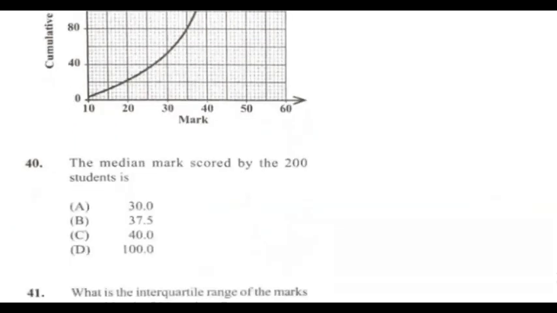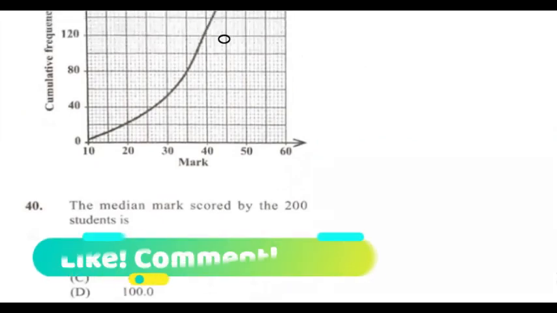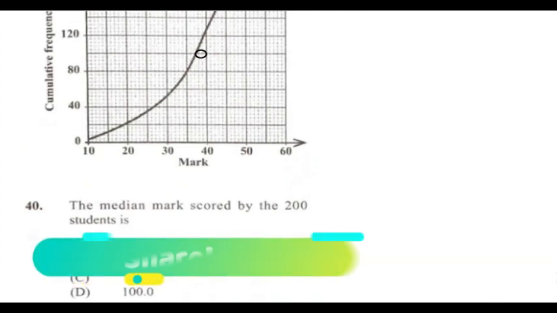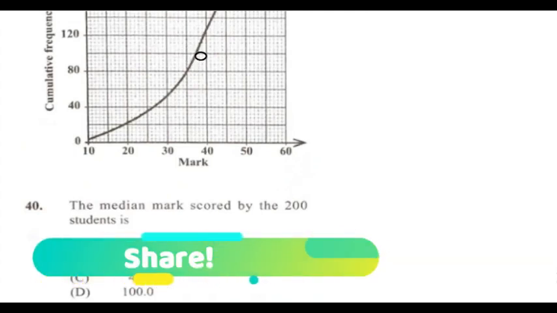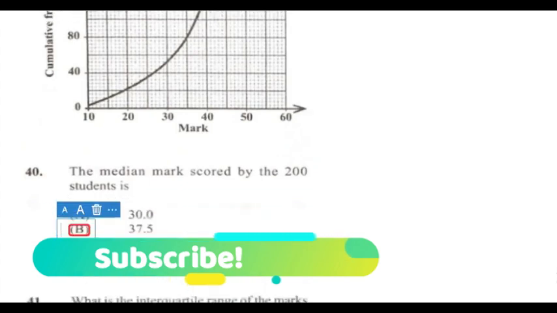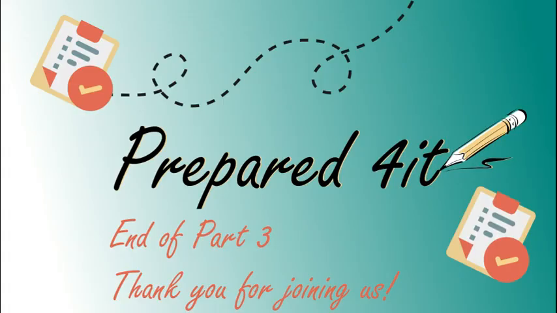So from 100 we go across to see where it meets this line, and that would be 35, 36, 37. You see the 37 line right there, but it passes in the middle, so it becomes 37.5. So therefore the answer for 40 is B.